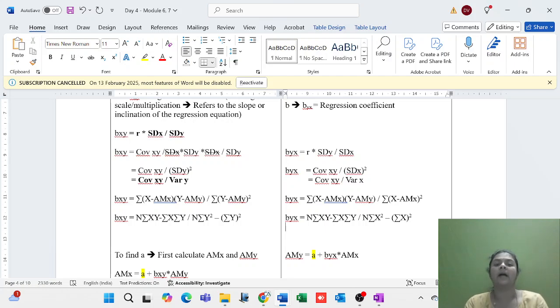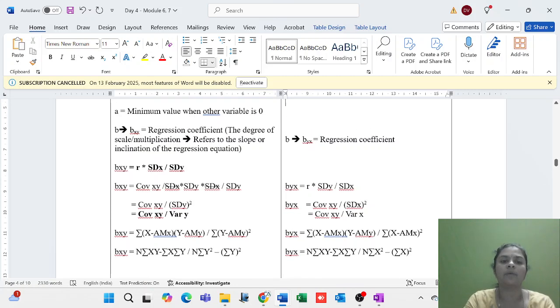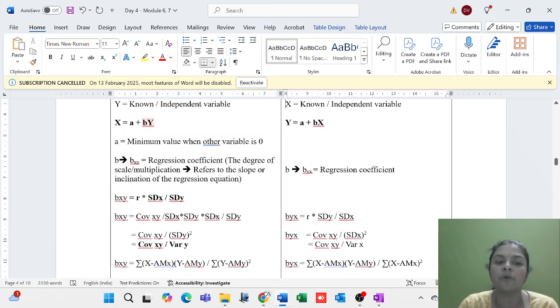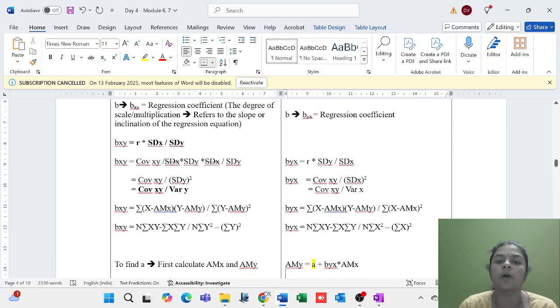Okay. And how to find out a in this equation? In the above equation, we have now found out bxy and byx. How to find out a? After you find out bxy and byx, we should find out the arithmetic mean of x and y using the data.